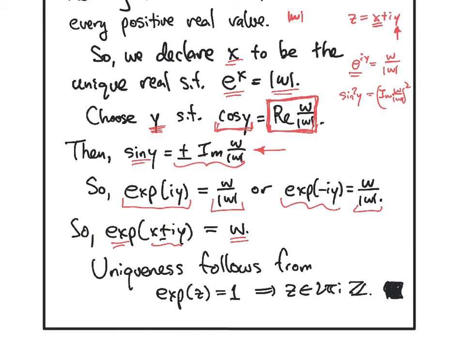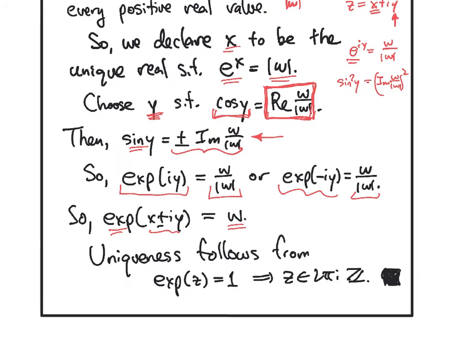And then the uniqueness aspect follows from what we already proved, that the exponential of z equals 1 if and only if z is 2 pi i times an integer.